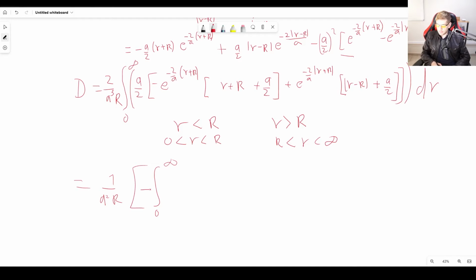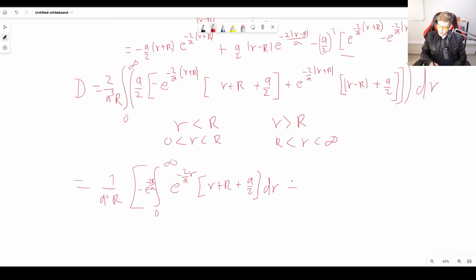So we have a minus sign in front, and then we have e to the minus 2 over a times r, and then e to the minus 2 big R over a. And this is a constant, so we can take it out, just as before. So minus e to the minus 2r over a. And now comes all of this: r plus big R plus a over 2 dr.